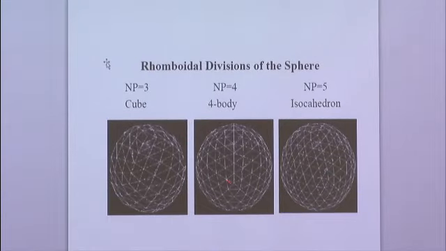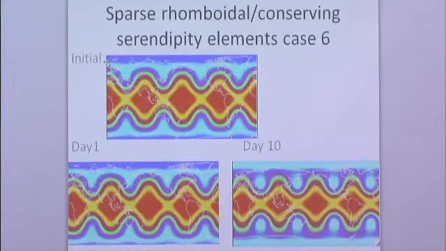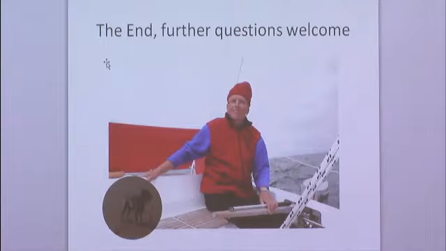It's the same thing to my mind, the icosahedron and the cubed sphere. And with the help of Mark Taylor, I actually was able to do a sparse grid, and I can say no more than it seems to work. More I cannot say. We want to look more carefully into it. So this sparse grid with conservation and everything seems to be working, and that's all. Thank you very much.